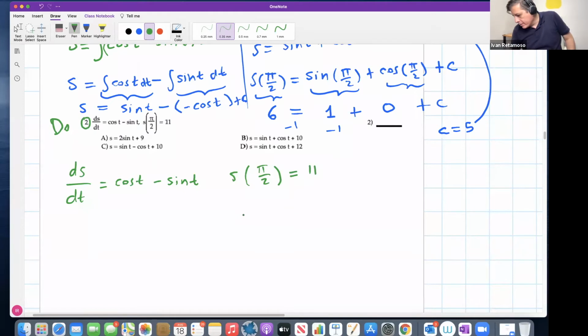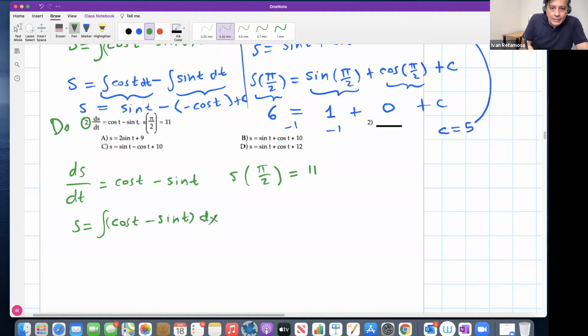Very good, guys. I see students getting ahead of this. Number two. A lot of students are posting. Very good, CG, Grace, Sarah, right? Very similar. So let's just do it quickly. S equals the antiderivative of this.